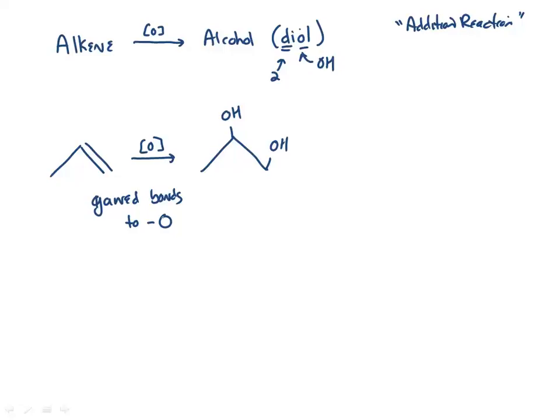So for oxidation reduction reactions, I have to be honest, the only way to really remember these is just brute force. Just say, I'm going to add an OH to both sides of the carbon-carbon double bond and be done with it. And then what we'll usually have is a special example of that, meaning if we do what's called the Baeyer test, that's a very specific example of an oxidation.